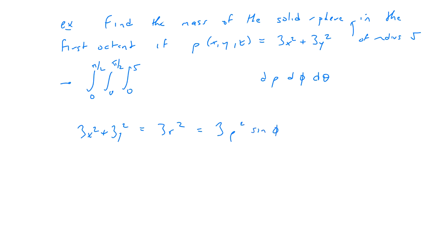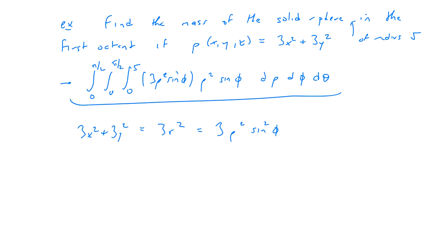Right, r is equal to rho sine phi, so we get that. I lost the squared there. And then we get our always add-in, which is rho times r. So we get a third r as always. So this would be a limit.